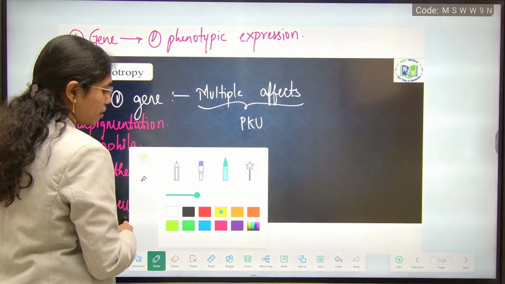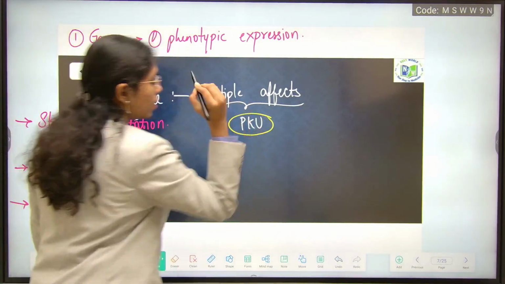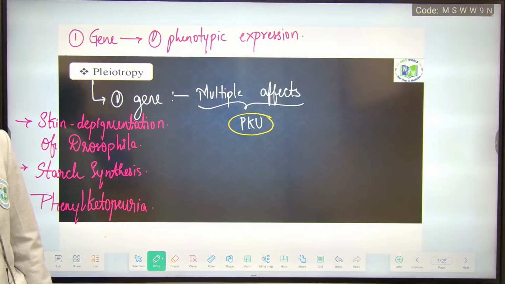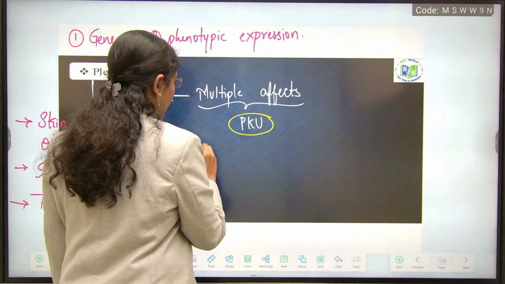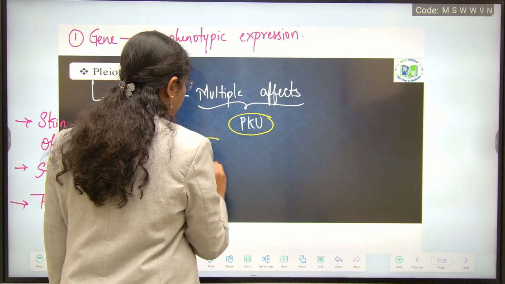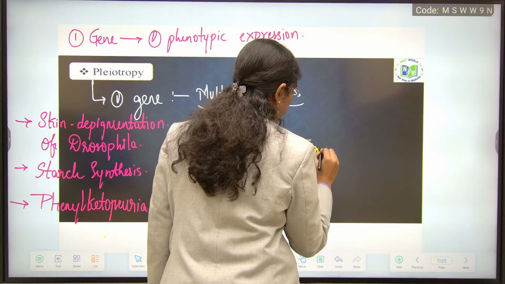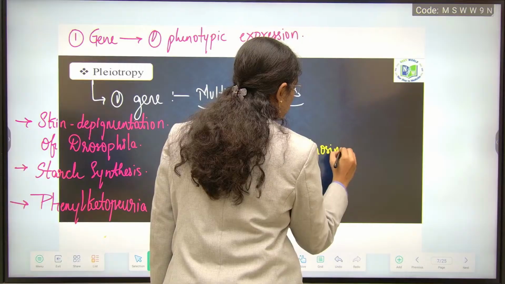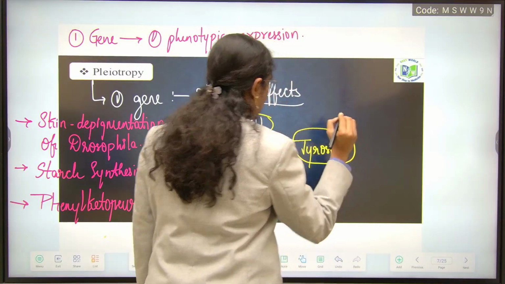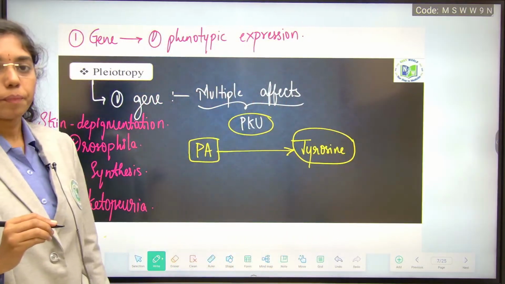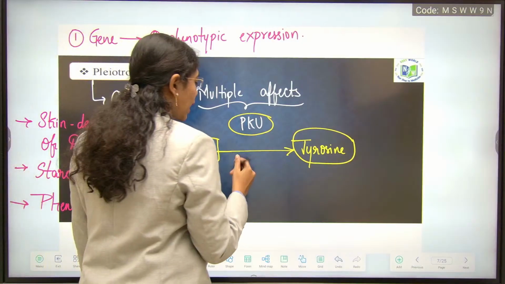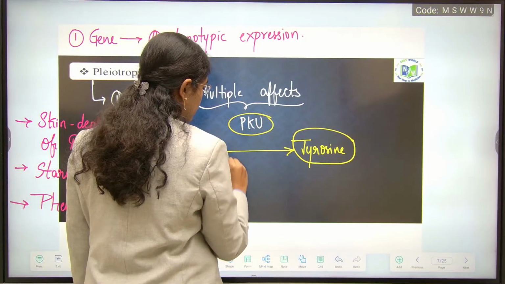Okay, so now what? The aromatic amino acid, that is phenylalanine, has to get converted to tyrosine to show its expression. It has to convert to tyrosine by the enzyme phenylalanine hydroxylase.